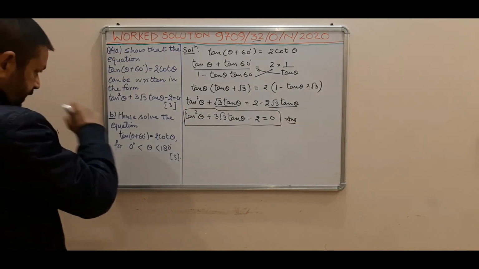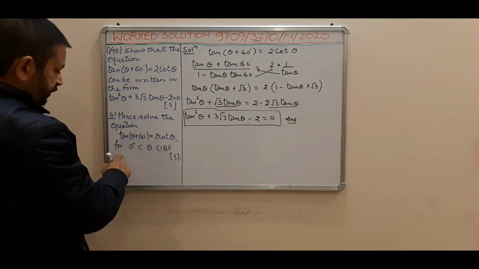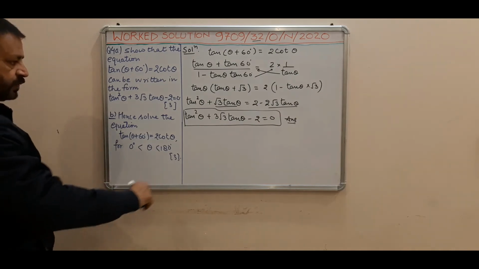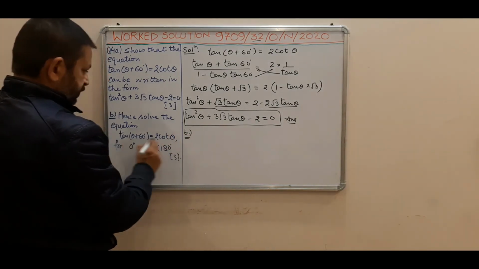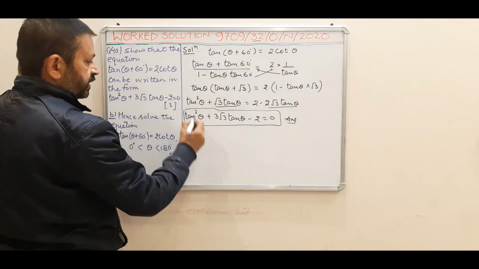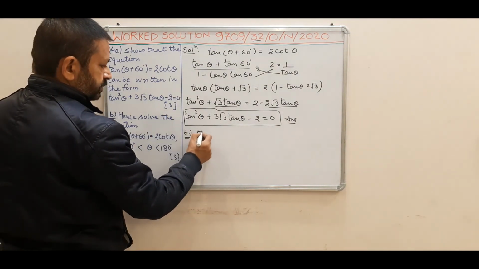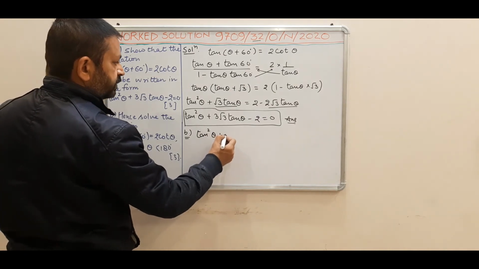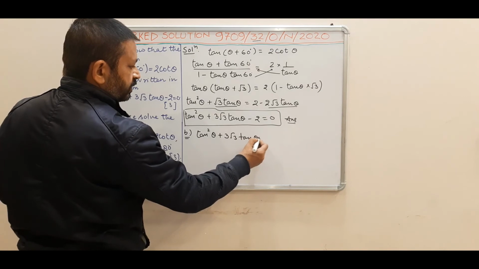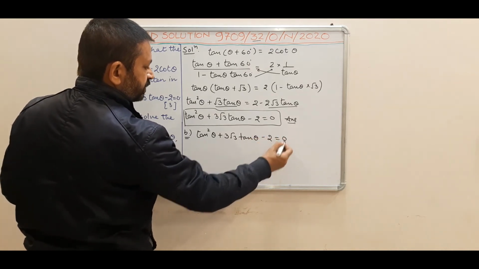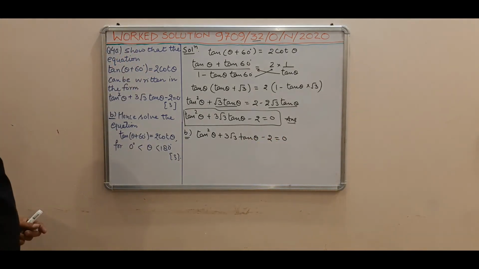Now B part is hence solve the equation this for theta in between 0 and 180 degree. B part. So this is nothing but this relation. So we will use a calculator to find the roots for this quadratic equation.